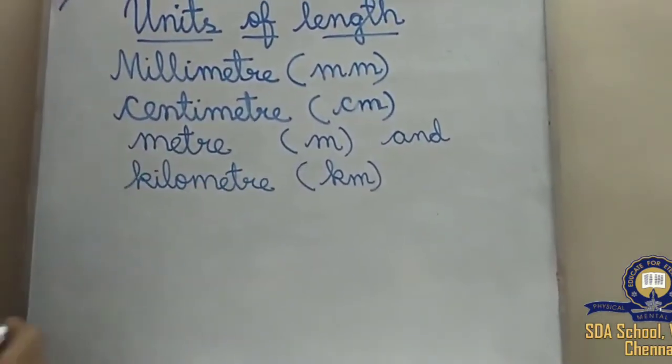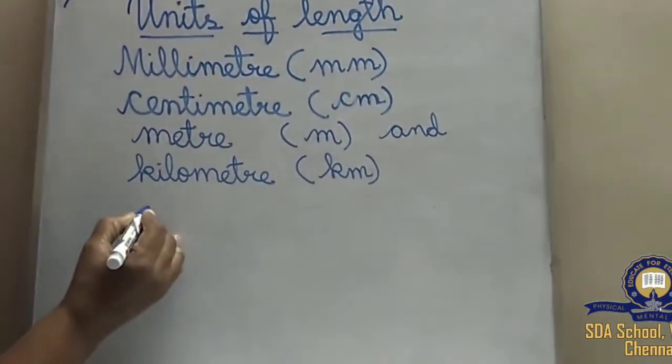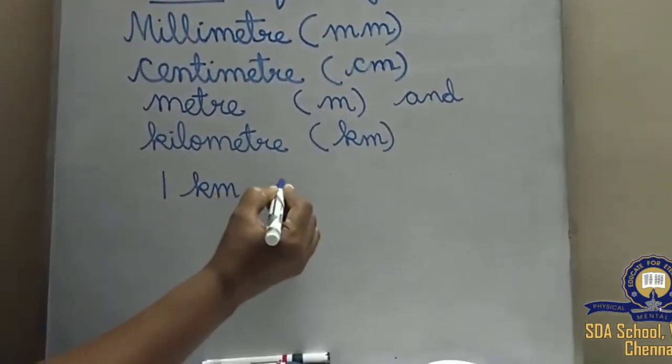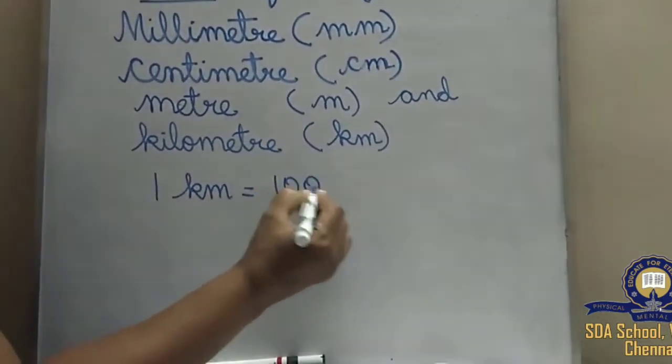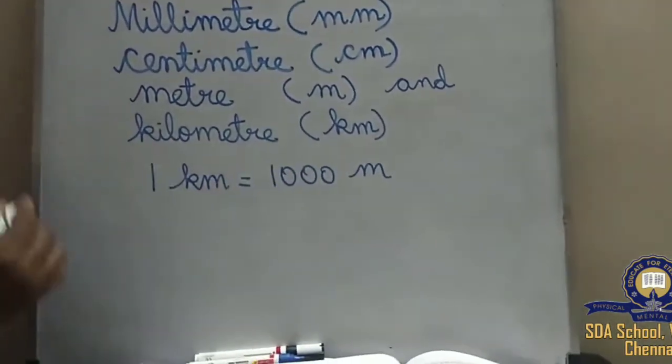Okay children, now let's see the relationship between units. 1 kilometer is equal to 1000 meter. Listen carefully, then only you can do the sums. Kilometer means meter will come.